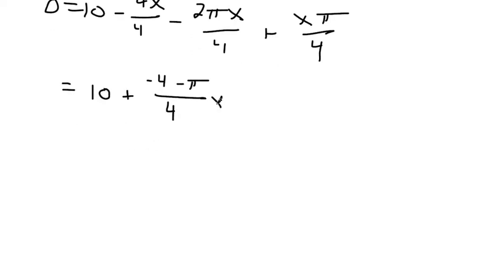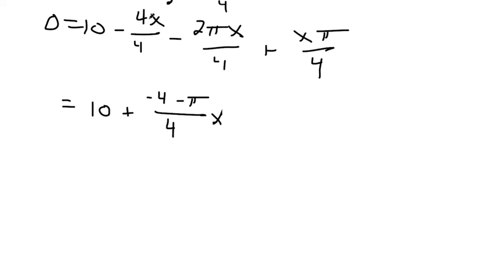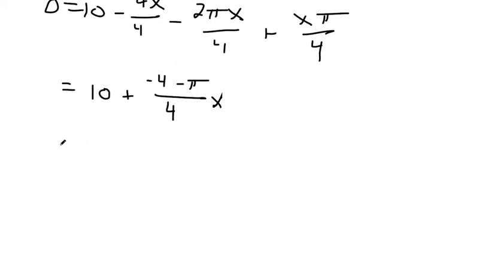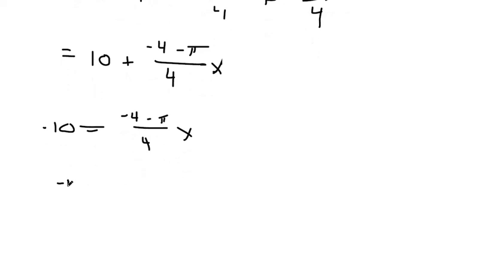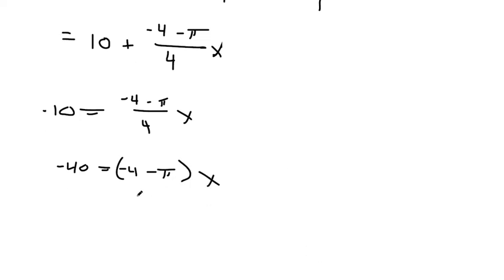And this is all x, because each of those was a term with x. So we can subtract that 10 from both sides. Multiply both sides by 4. We keep this all in parentheses because the whole thing is being multiplied. And then divide both sides by negative 4 minus pi.